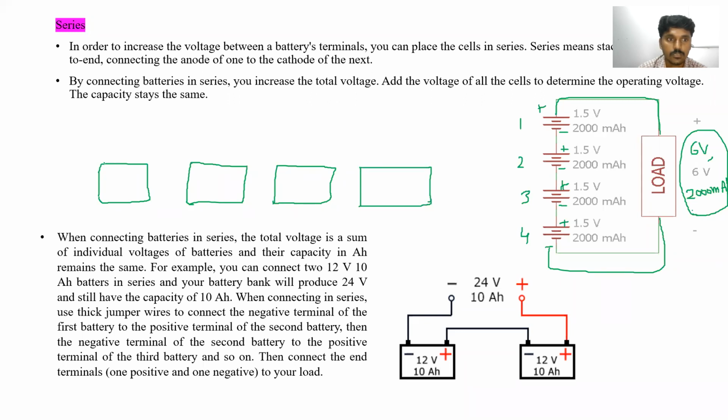This is the positive terminal, this is the negative terminal of the first battery, positive, negative, and this is the positive terminal of the second battery, and this is the negative terminal of the second battery. This is also the same, positive terminal of the third battery, negative terminal of the third battery. In the same way positive, in the same way negative.